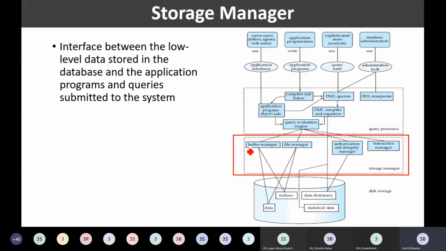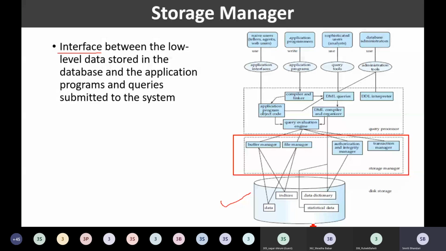At the bottom, what you are visualizing is my disk. The actual data is stored in this disk, right? So the storage manager provides the interface between the low level data stored in the disk and the application programs and the queries that are submitted to the system.